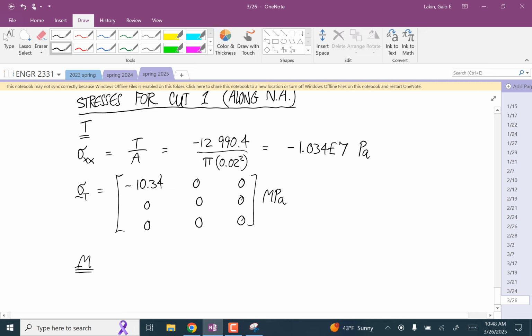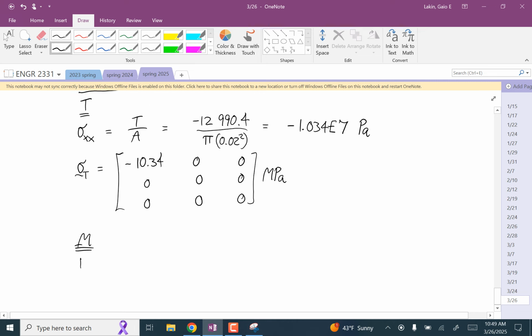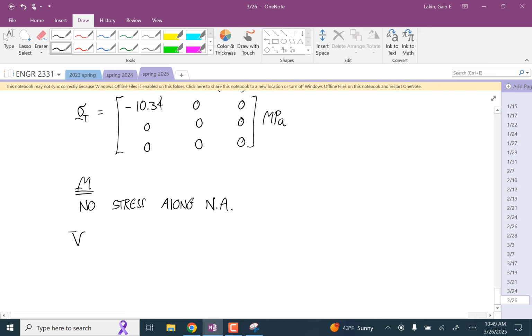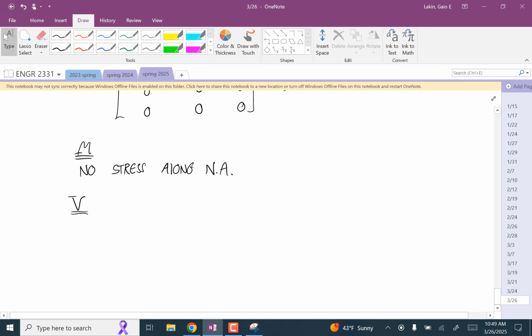Then the next one we usually think about is bending moment. There's no stress along the neutral axis. So then the last one we have to deal with is shear force. And that's going to be a tau xy. And it's equal to negative VQ over IB.